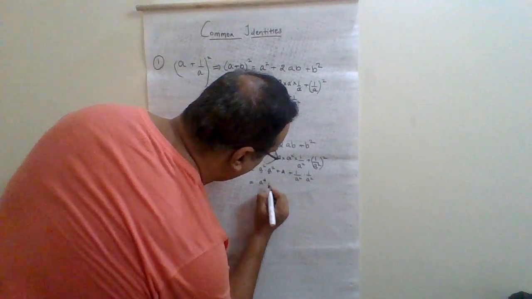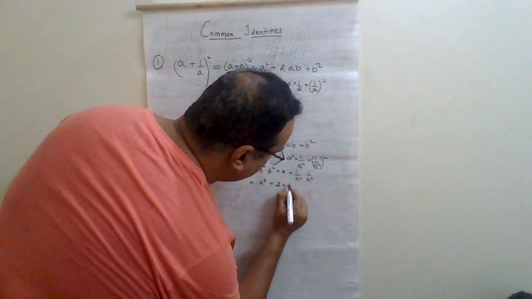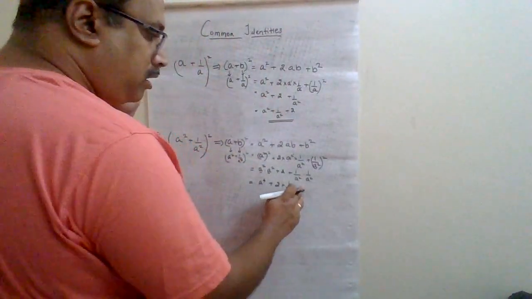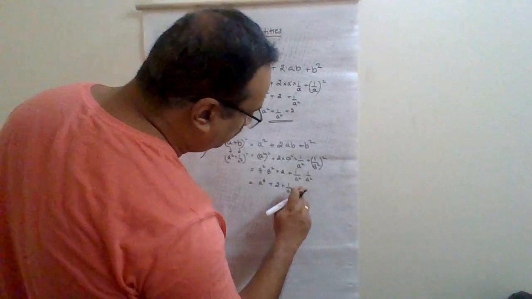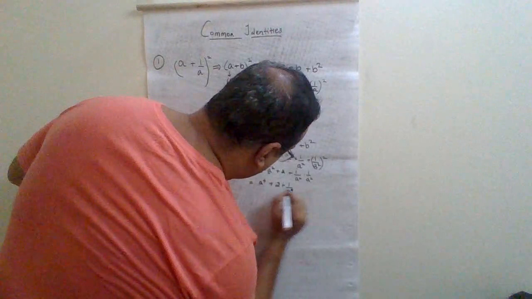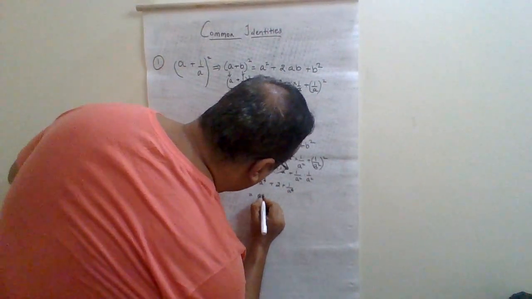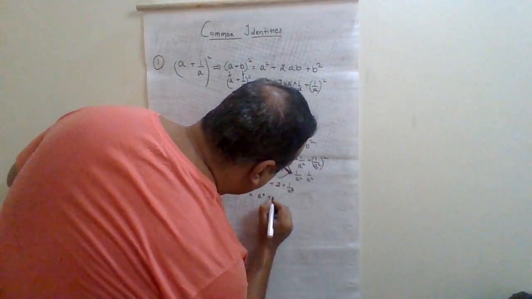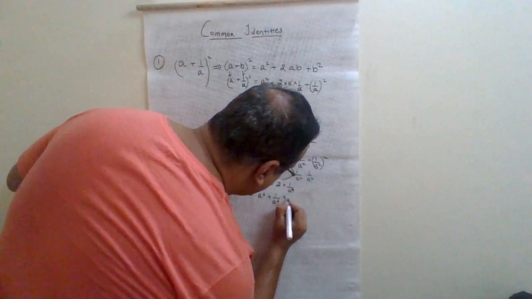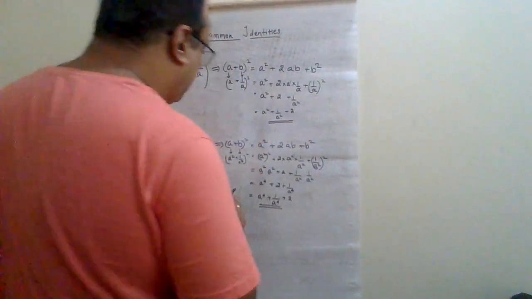A to the power of 4 plus 2 plus, similarly it is 1 by a squared into 1 by a squared, so we'll have to add this. So it is 1 by a to the power of 4. So this can be written as a to the power of 4 plus 1 by a to the power of 4 plus 2. So this is the solution to this particular equation.